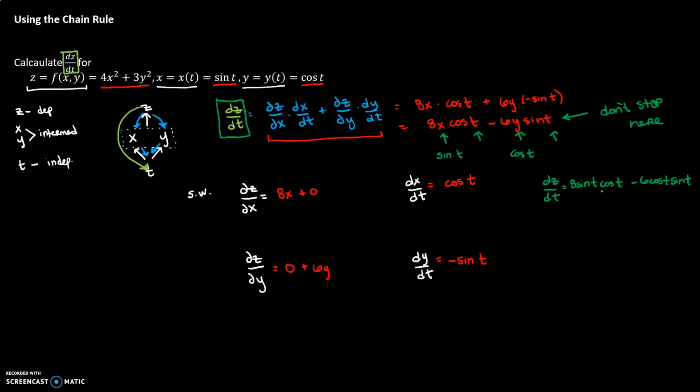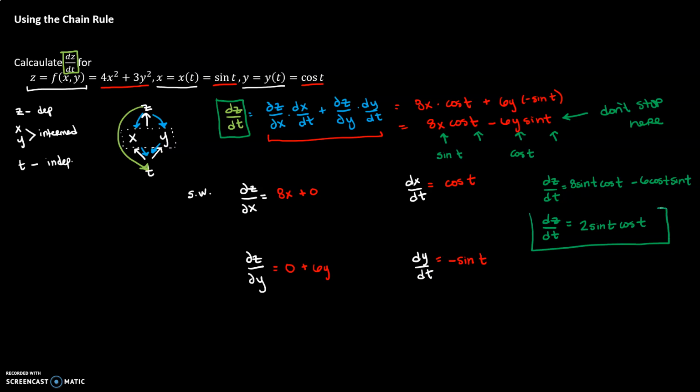Well, if we just rewrite one of these terms to match the other, we can see that they're actually like terms. If we start off with 8 of them, subtract away 6, we're left with 2 of the sine t cosine t products. So this would be our final answer.